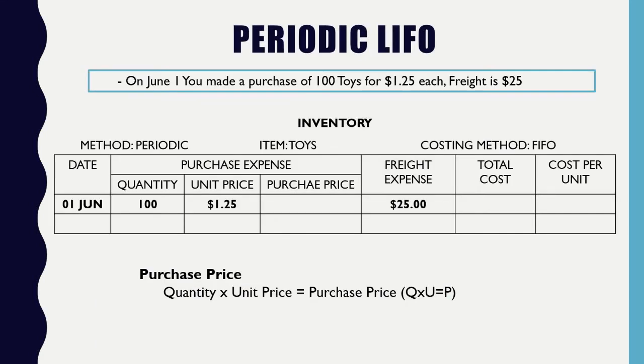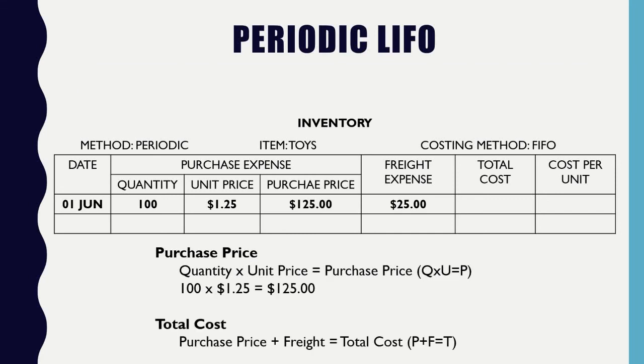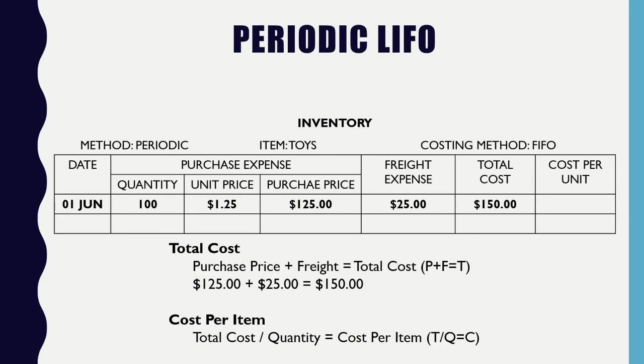The purchase price is your quantity times your unit price, so 100 times $1.25 gives you $125. Your total cost is your purchase price plus your freight, so $125 plus $25 gives you a total of $150.